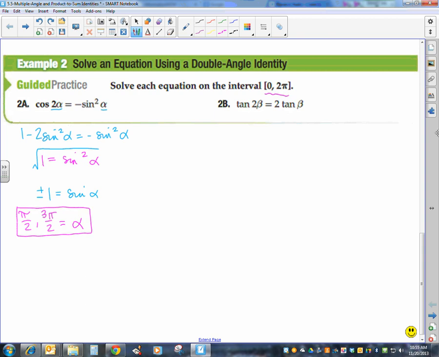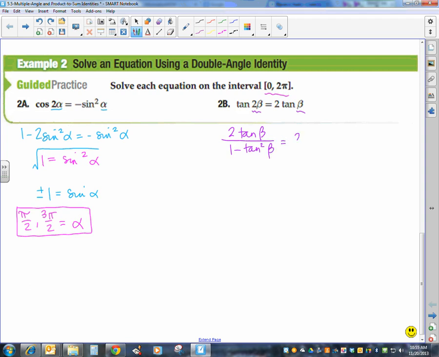Okay, so again, look at what we've got. We have the tangent of 2 beta and beta, so I'm going to make a substitution with my tangent of 2 beta. And that equals 2 times the tangent of beta over 1 minus tangent squared of beta.